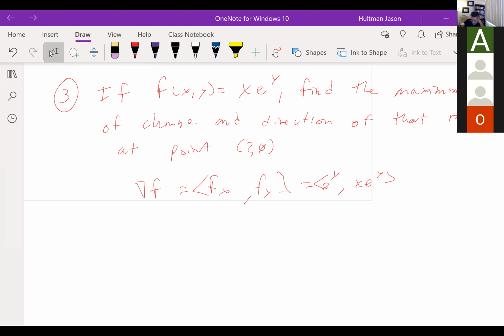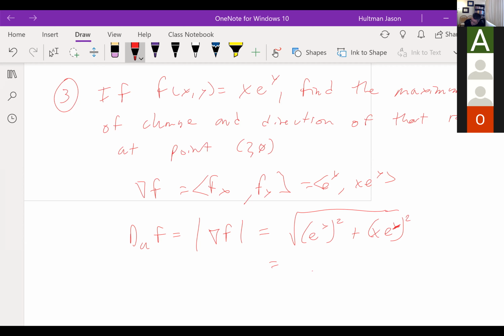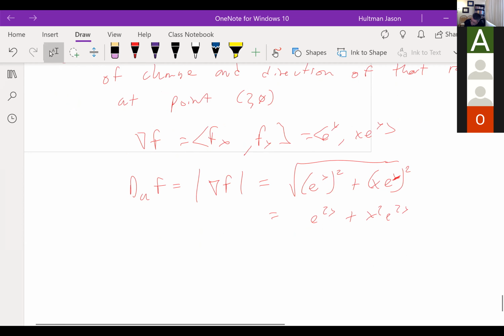So D_u f is equal to the magnitude of del f, which is going to be equal to the square root of (e to the y) squared plus (x e to the y) squared, which is e to the 2y plus x squared e to the 2y.